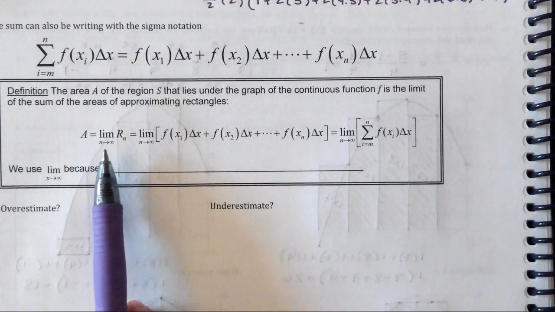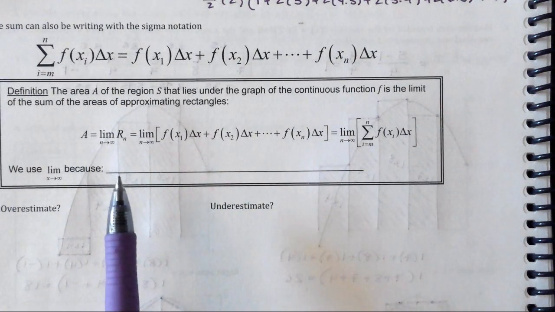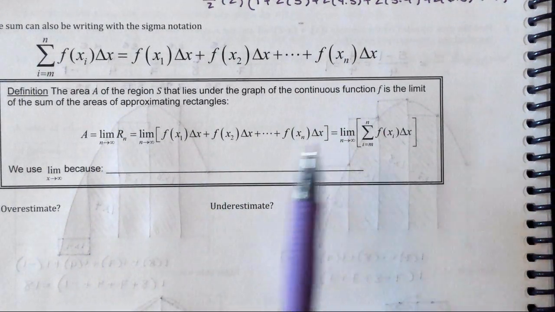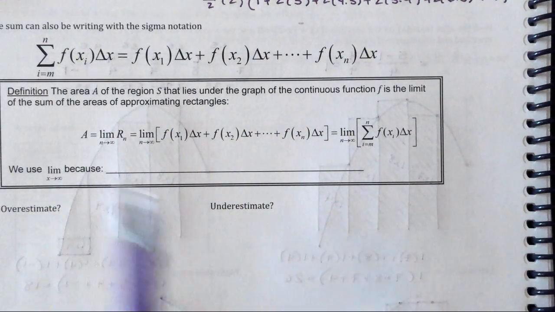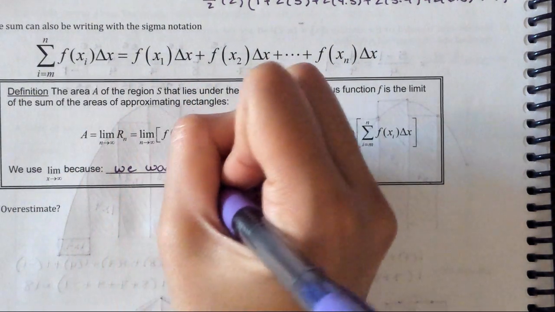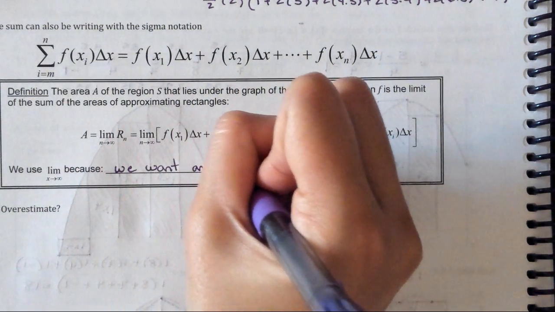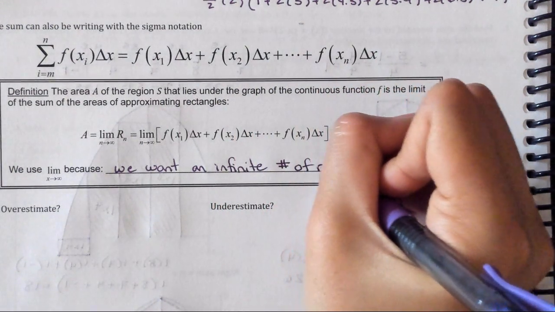Now, if we make the number of rectangles infinity, like if I have an infinite number of rectangles, then I'm going to get the actual area under the curve. We use limit as x goes to infinity because we want an infinite number of rectangles.